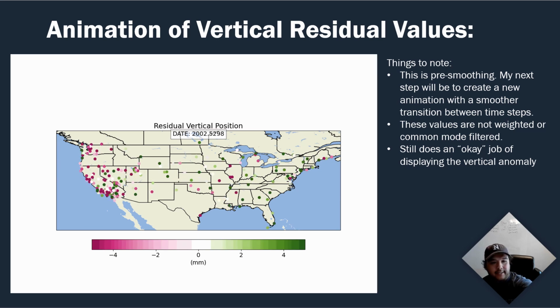Now here it looks like glitter is being thrown all over the station, so there is some more processing to do to create a more smooth animation, and that also comes back down to utilizing Cornet's common mode filtering script, which also outputs various grids that have been smoothed. But I have a separate issue with getting that to plot the same way as this, but that's something separate.